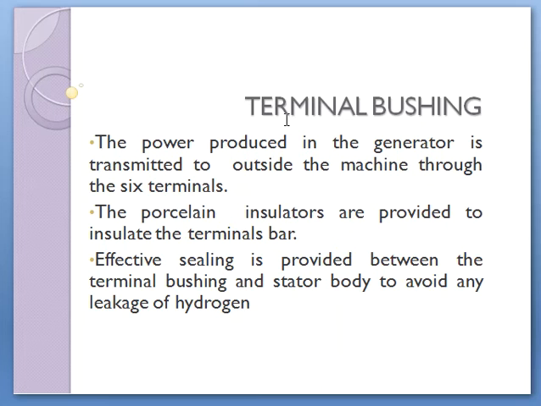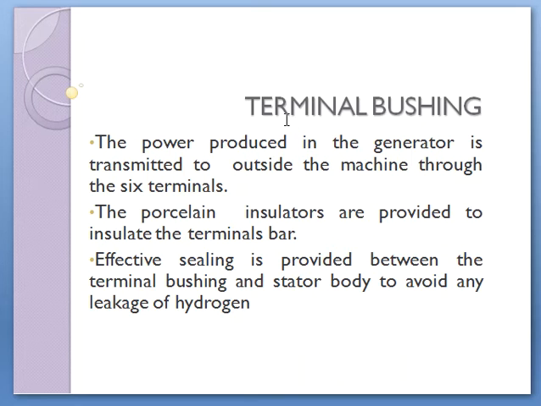An important part of the generator are the terminal bushings. As we understand, the generator terminals, that is the stator terminals, give us at the output the voltage, whether it is single phase or three phase. Now these terminals have to be properly connected and addressed in order to get the voltage.